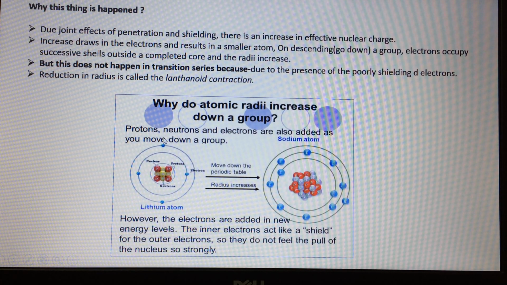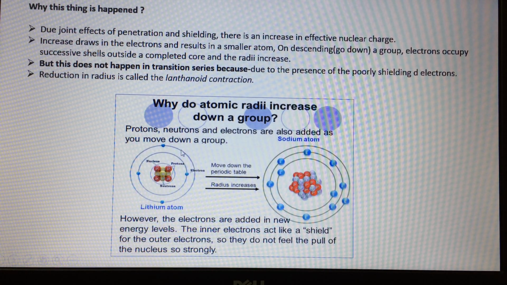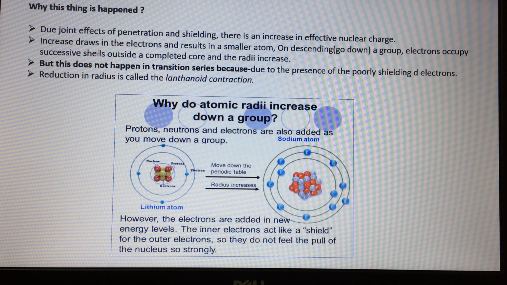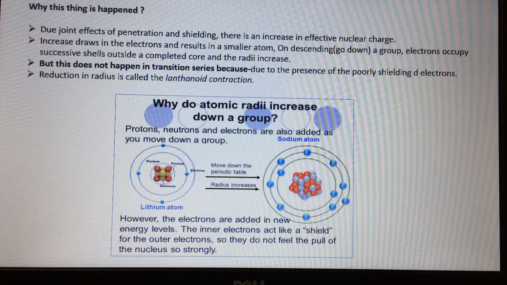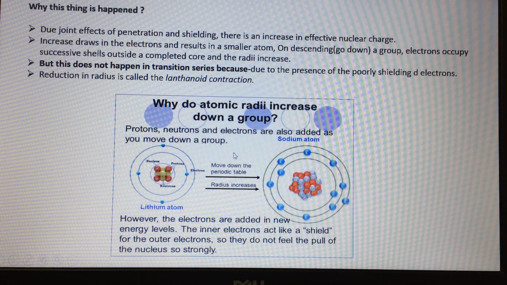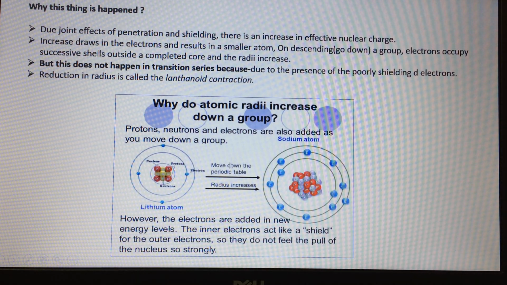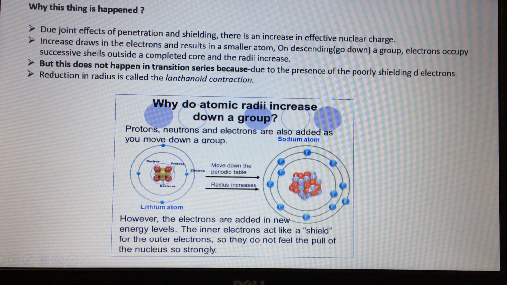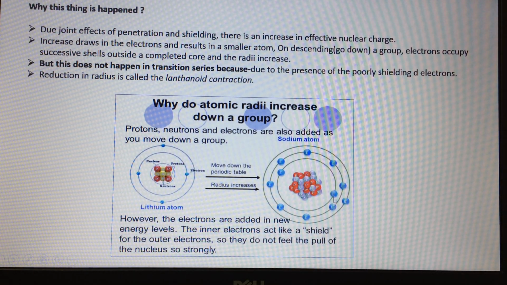Because, as you know, if you go down the group, new energy levels are added, so the protons, neutrons and electrons are also added as you move down the group. That's why the size of the atomic radii increases.